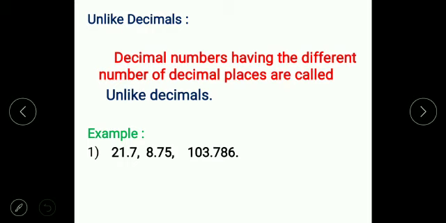Now see here, in the first number there is only one digit after the decimal point. In the second number there are two digits after the decimal point. In the third number there are three digits after the decimal point. That means these are decimal numbers having a different number of decimal places. That's why these are called unlike decimals.